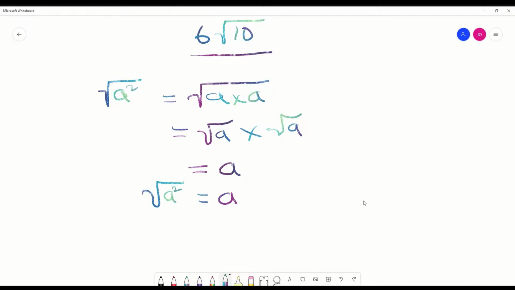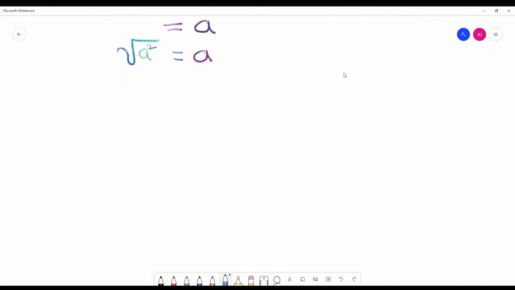I'm going to give an example using this approach. An example would be example 3. Root 6 to the power 2.